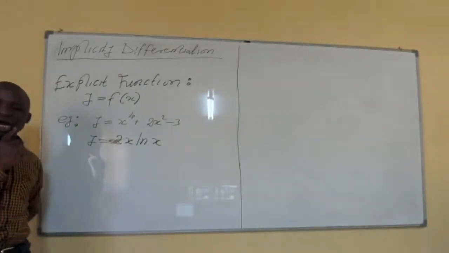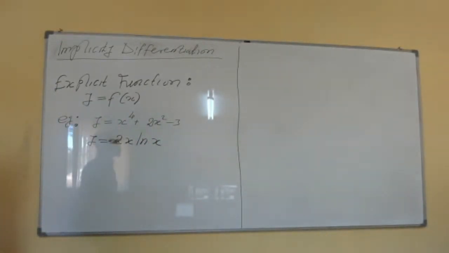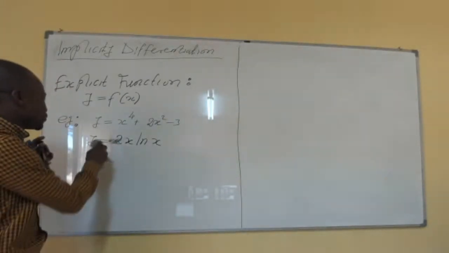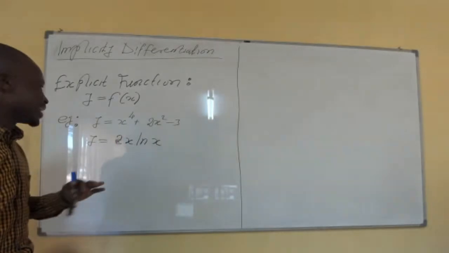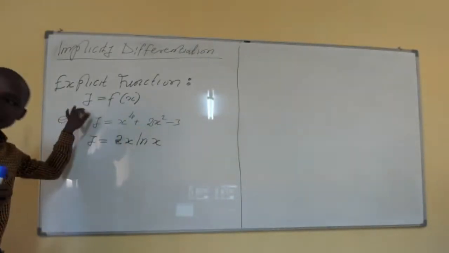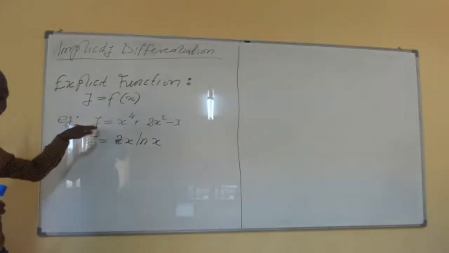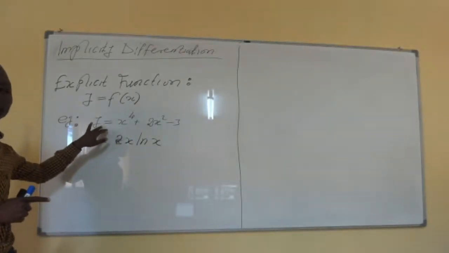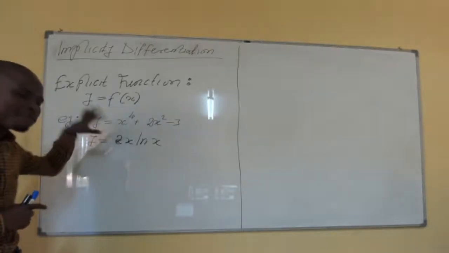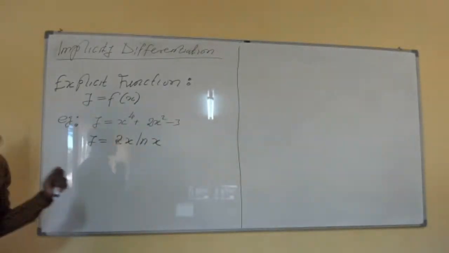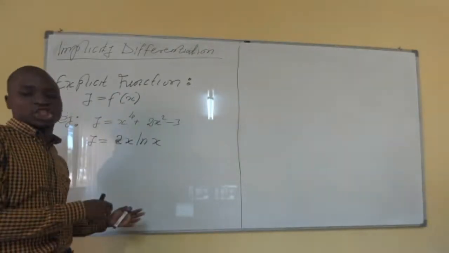This one is also an explicit function. In general, if a function is written in terms of x and y, and you are able to make y the subject of the formula, to solve for y, then we call it an explicit function.